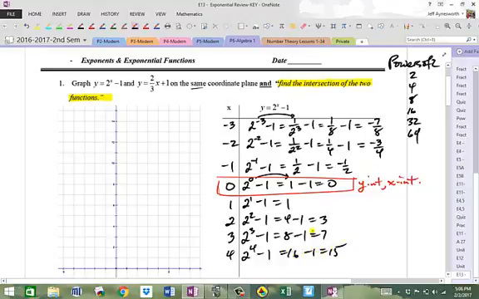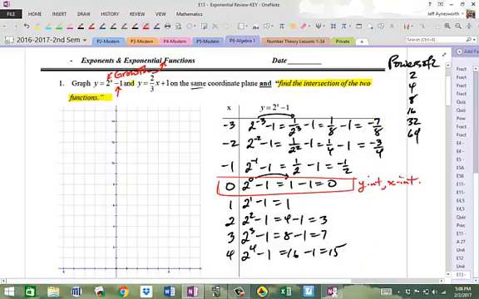So with this many points, we can graph this exponential function and get an idea of what it looks like. Okay, and this is a growth function. Base 2 right here is a growth function, so it should go to the upper right. It should go way up like that. All of these range values are greater than -1.